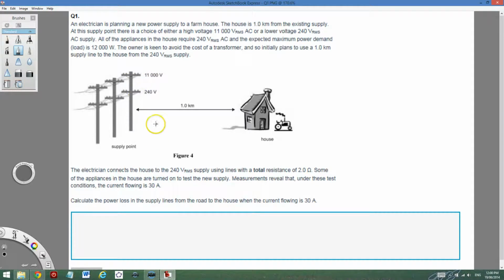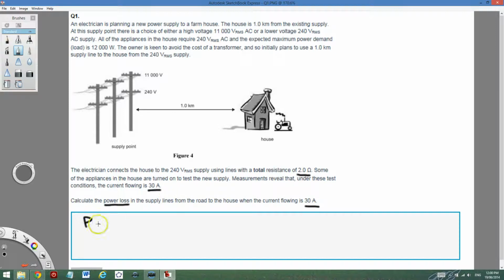Okay, have a look at this question. Pause the video if you need to, read the question, and I'm going to answer it. So what we need to find is the power loss. The resistance is 2, and the current is 30 amps.